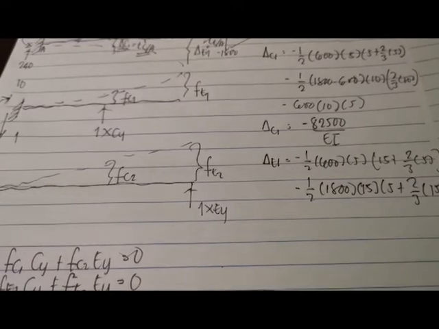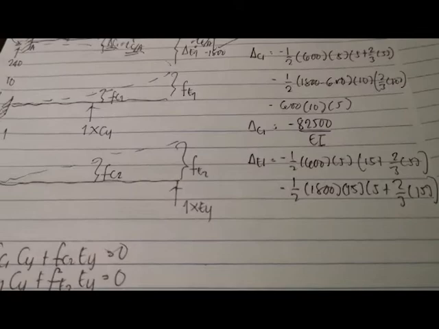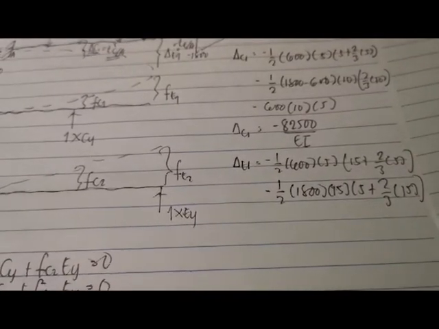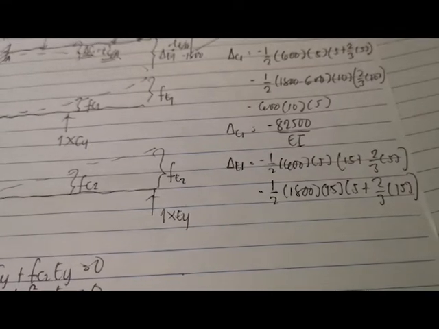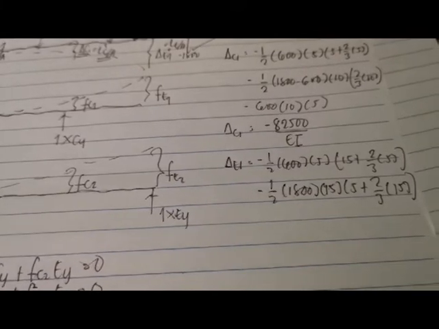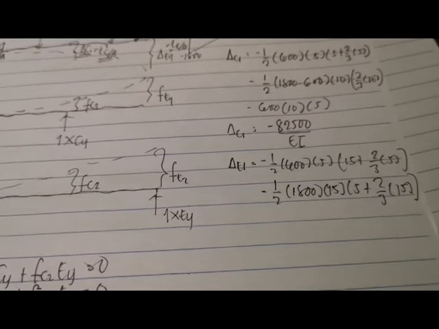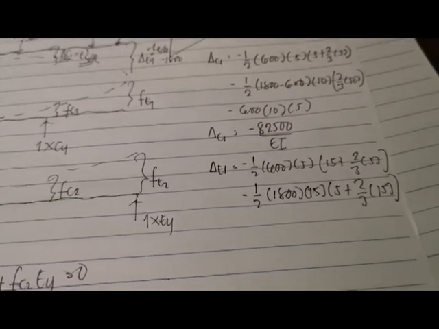No? So negative 1/2 times 600, negative 1/2 times 600 times 5 times 15 plus 2/3 of 5, minus 1/2 times 1,800 times 15 times 5 plus 2/3 of 50.